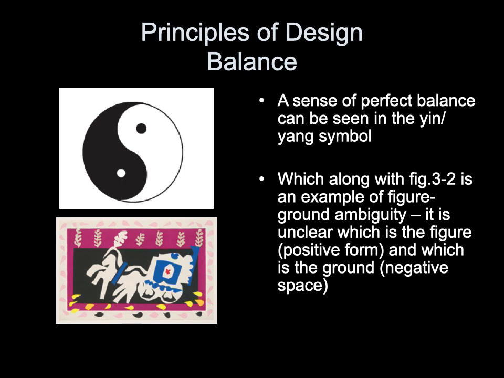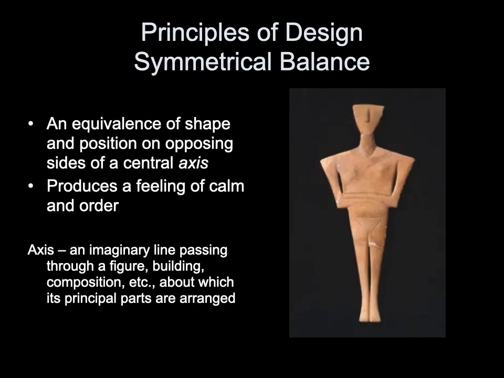Below that is the Matisse work with a figure ground ambiguity. It's unclear which is the figure, the positive form, and which is the ground or the negative space. Symmetrical balance: an equivalence of shape and position on opposing sides of a central axis. It produces a feeling of calm and order.